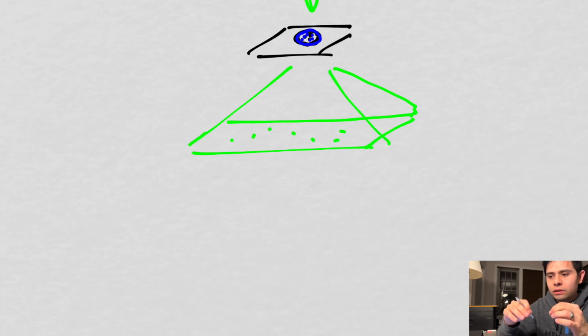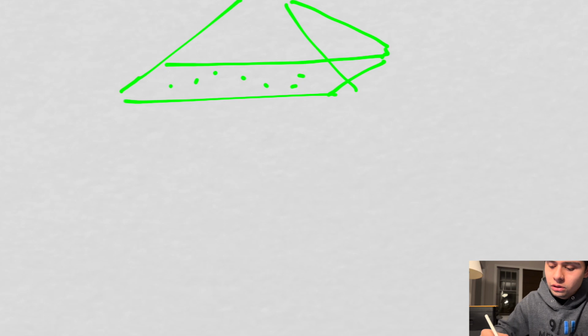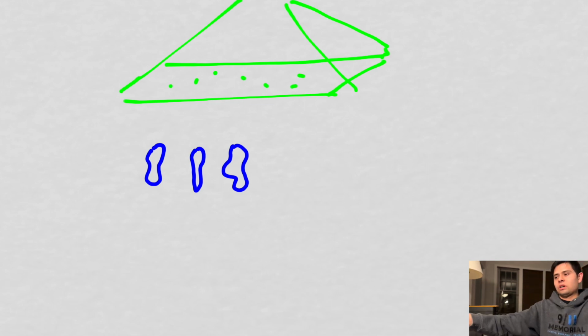And you can take each one of those orientations, right? So say one orientation looked like this, the other one looked like this, the other one looked like this, and you have, say, 100 or 200 orientations.